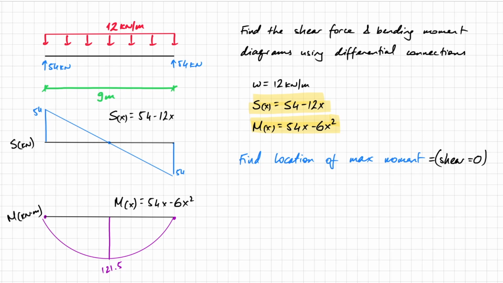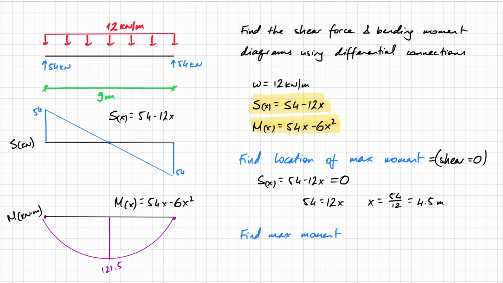Now we know that the maximum moment happens when the shear force equals 0. So the shear force is 54 minus 12x. When that equals 0, we know we have the max moment. So let's solve this. We have 54 equals 12x, so x equals 54 divided by 12, and that is, unsurprisingly, 4.5 meters.